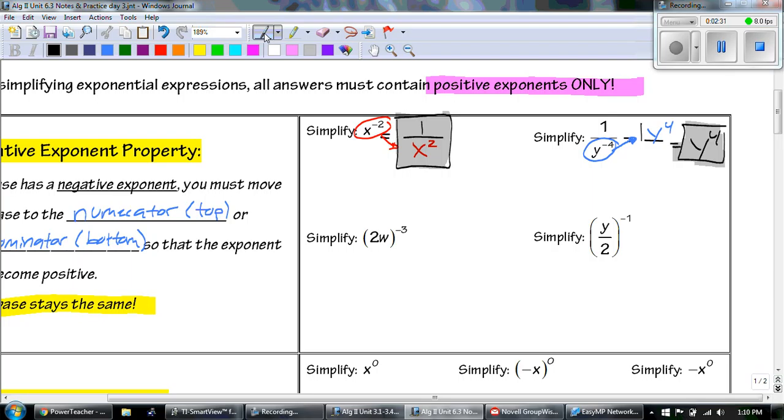Okay, for our next one, in parentheses 2w to the negative third. Remember, we always want to clean up what's inside, and it's already cleaned up. So I need to give everything an exponent. We distribute the negative 3 to everything. So my base stays the same. I get new exponents of negative 3 and negative 3.